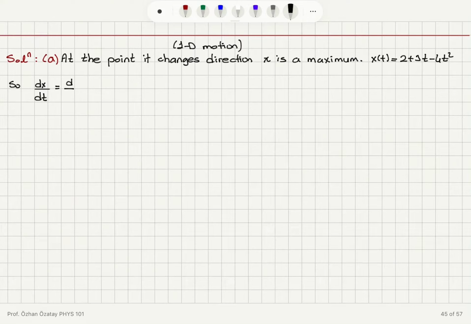So that's an extremum point in the function x of t. So I have to take the derivative of 2 plus 3t minus 4t squared with respect to time. That will give me 3 minus 8t. And the velocity will be equal to 0 at t equal to 3 over 8 seconds.